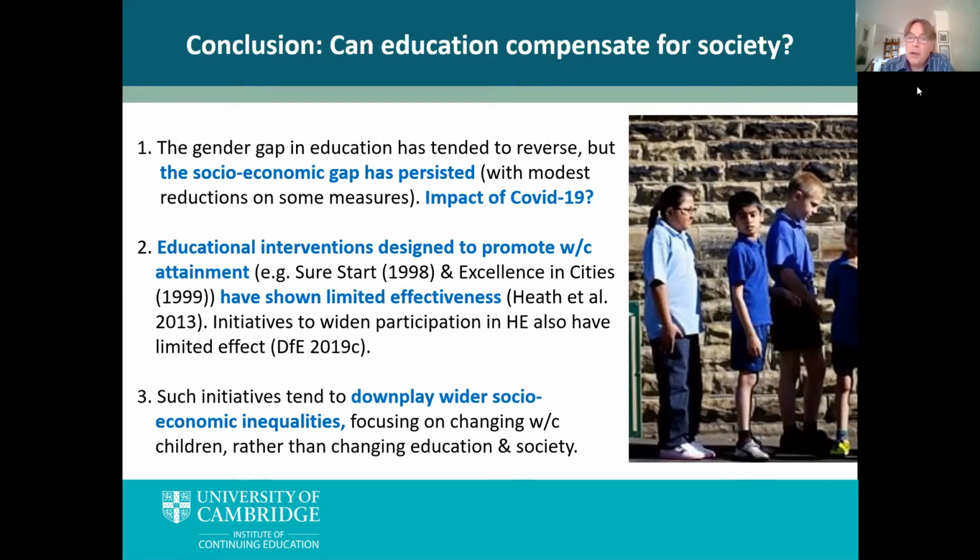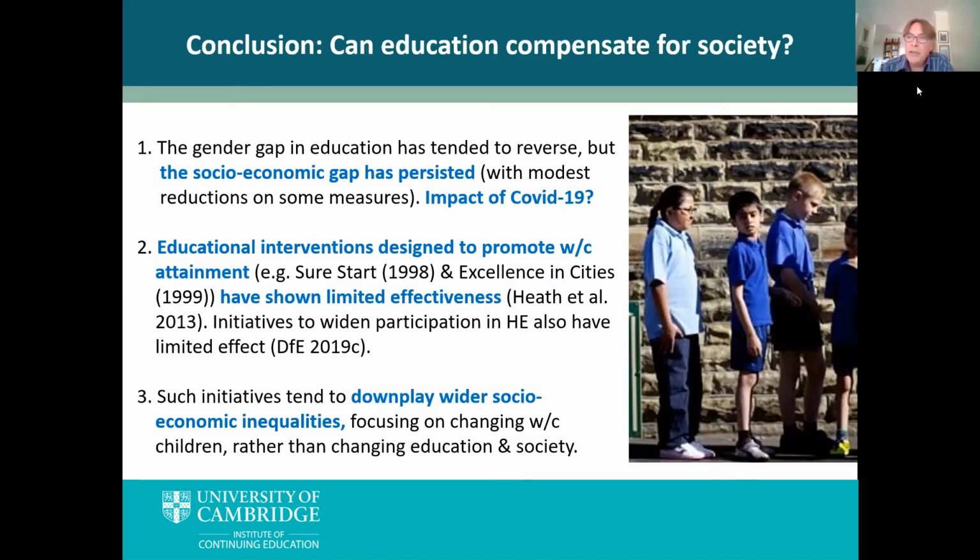You know, we've seen a dramatic improvement and reversal in the gender gap, certainly at GCSE and A-level, although disparities exist in subjects taken and performance in some elite universities. However, there's been a lot less evidence related to improvements in the performance in terms of the socioeconomic gap. It has been stubbornly persistent.